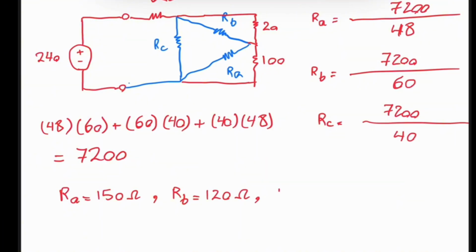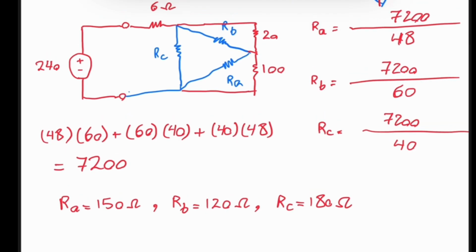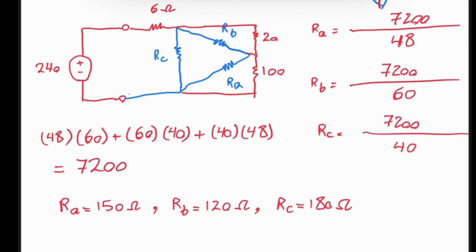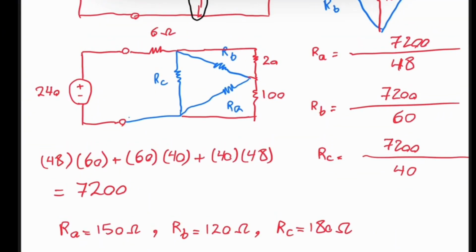And for RC, I get 180 ohm. Now I can replace these values over here: RA is 150, RB is 120, and RC is 180.